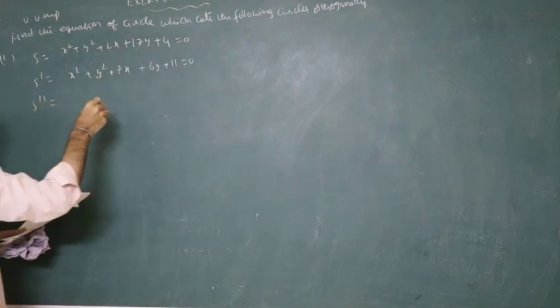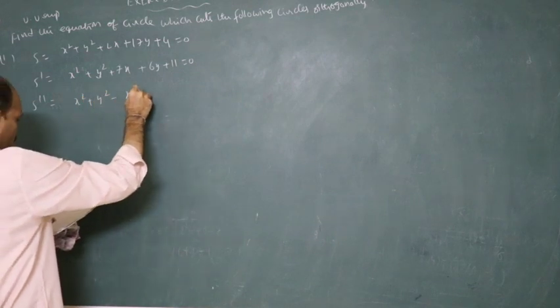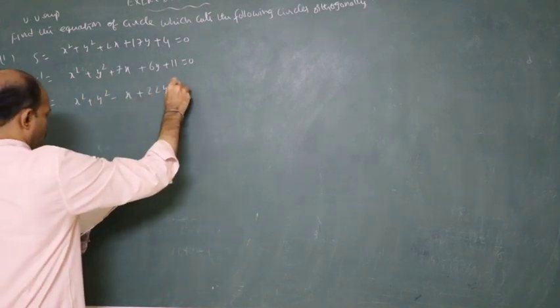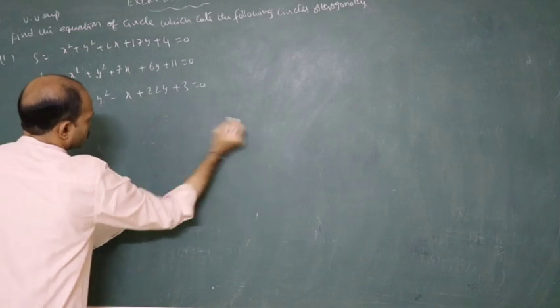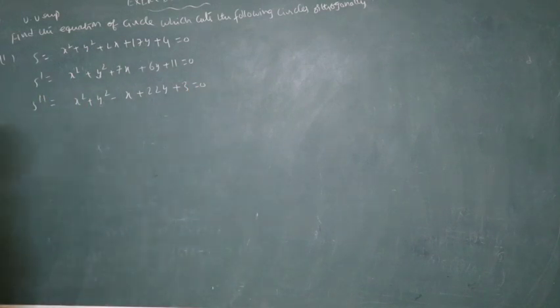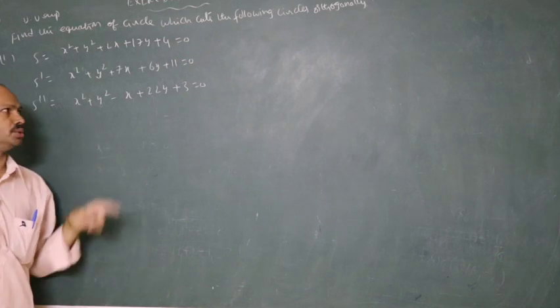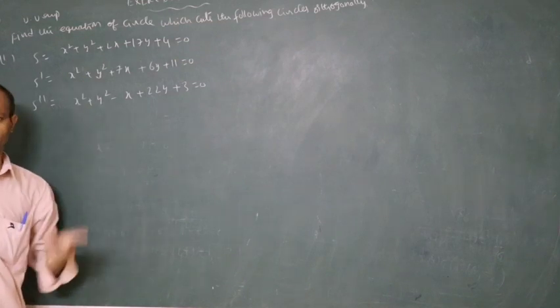S double dash: x square plus y square minus x plus 22y plus 3 is equal to 0. So note that here we are given 3 different circles. We have to find the equation of a circle which intersects these 3 orthogonally.